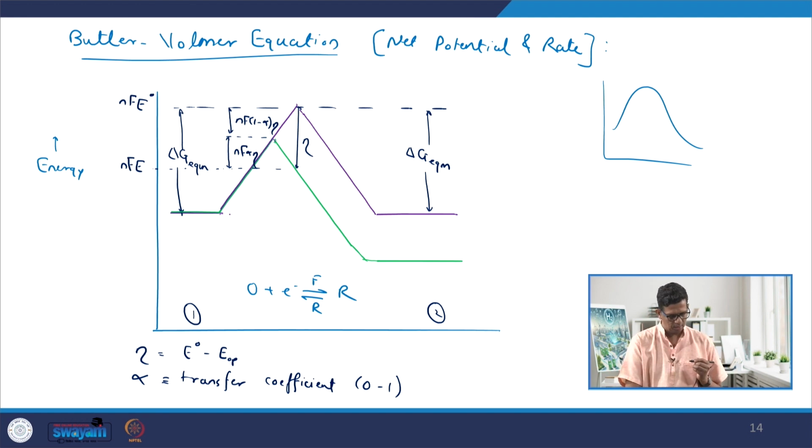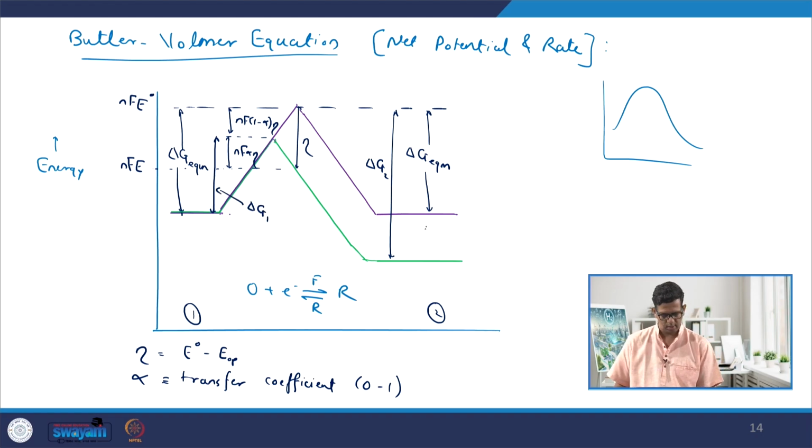So let's now relate a few numbers. So this is our delta G2, delta G1 will be this one, and this is basically nF alpha eta.